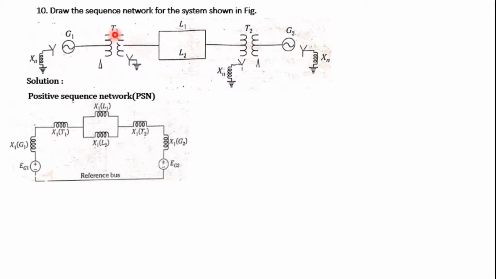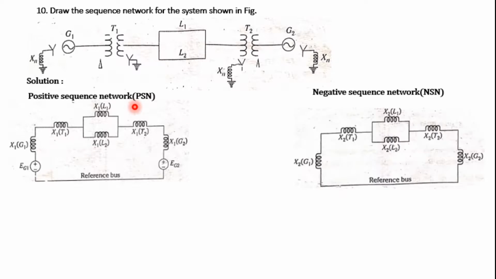For the transformer, just reactance. For the transmission line, it is a reactance. Similarly for the transformer, and for the generator, reactance and source of EMF. Okay, so X1, this is for generator G1, transformer, transmission line 1, 2, transformer T2, and generator G2. So this is the positive sequence network.